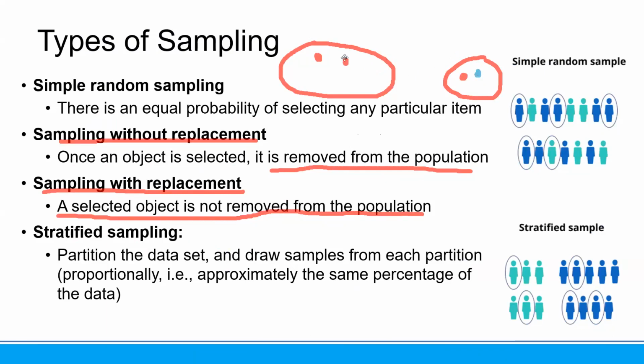So this data can be selected again several times because we do not remove it from the population. It means the data or the object can be pre-selected. But in sampling without replacement, because it is removed from the population, there will be no option for pre-selection.